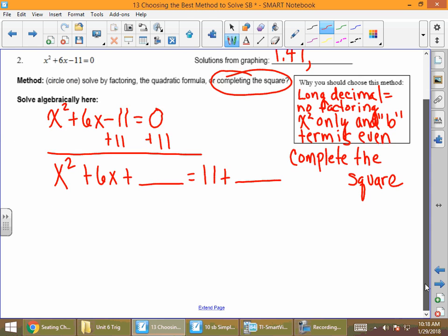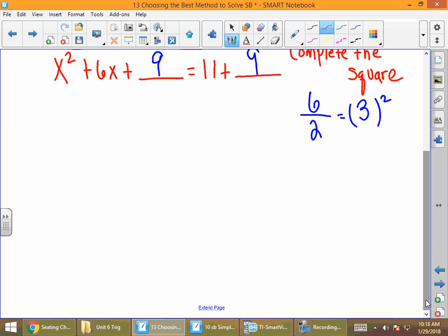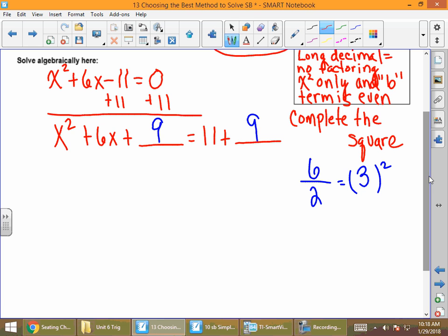To figure out what that something is, we take the b. b divided by 2, which is 3, and we square it. 3 squared is 9. I tend not to write the 9 down, because what's in the parentheses here to the far right on our screen is what we can use to factor, which is our next step.